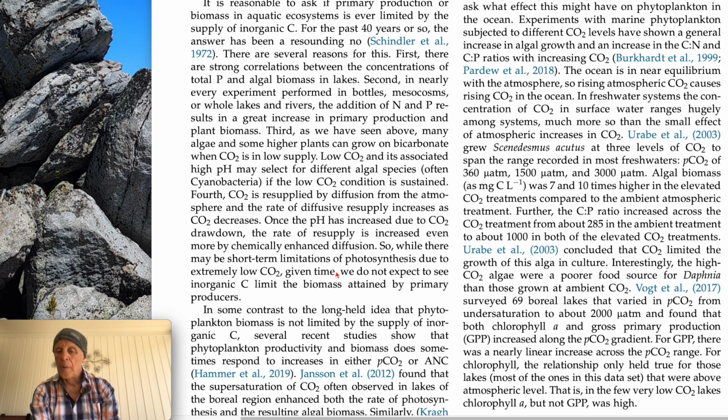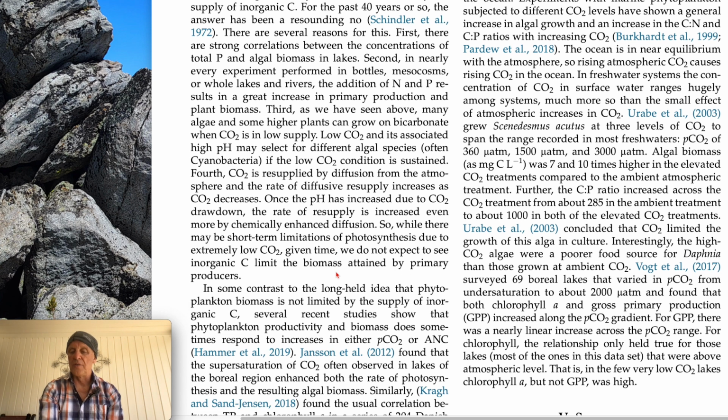Surveyed 69 boreal lakes that varied in partial pressure of CO2 from undersaturation to about 2,000 microatmospheres and found that both chlorophyll a and gross primary production, GPP, increased along the pCO2 gradient. For GPP, there was a nearly linear increase across the pCO2 range.